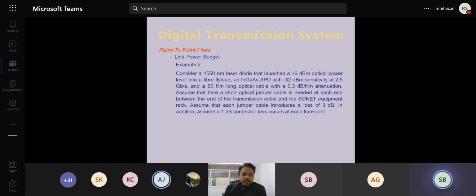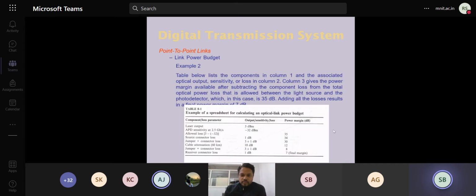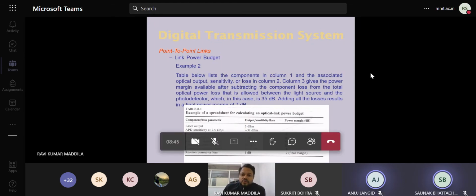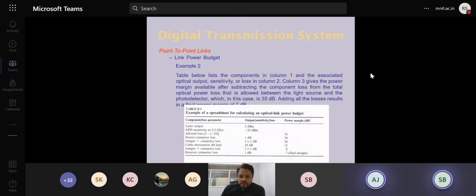So going ahead, this is another example of how optical point-to-point link power budgeting can be useful.